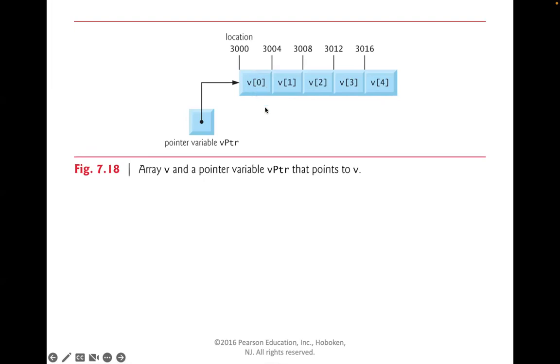An array just saves the elements one by one. The first one is at memory address 3000. The second element V1 is 3004, plus 4. Third, 3008. Fourth element 3012. Then fifth element 3016.